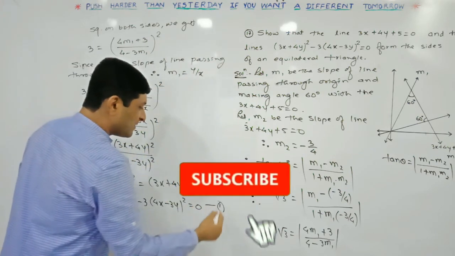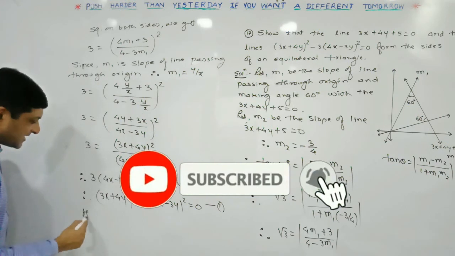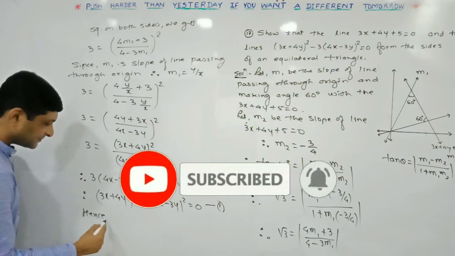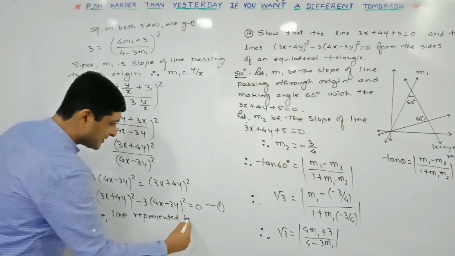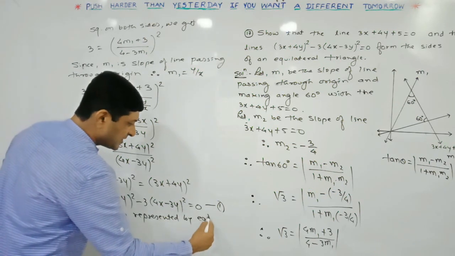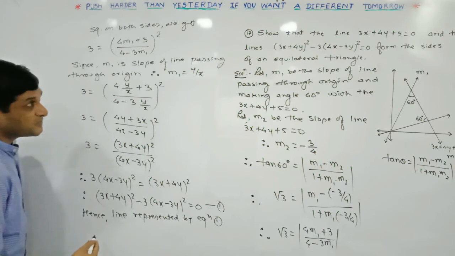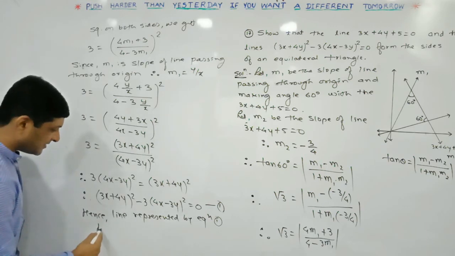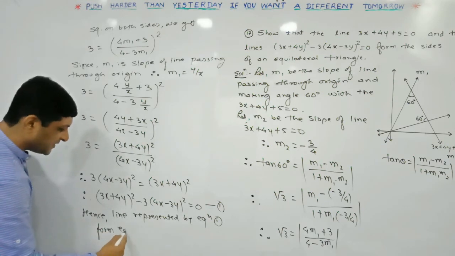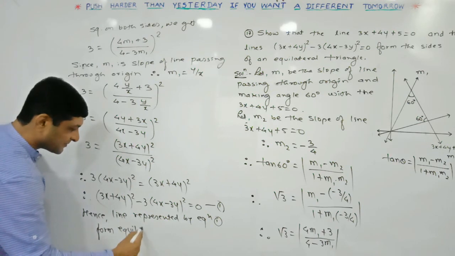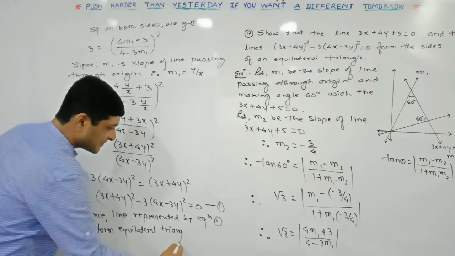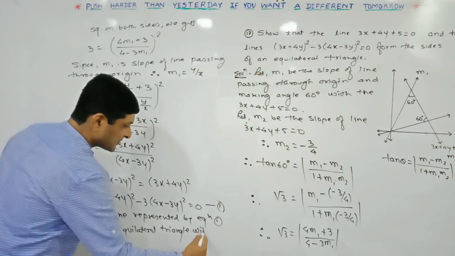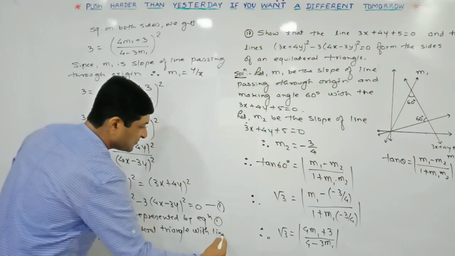So let us denote it by equation number first, and we can say that hence the lines represented by equation first form which triangle? Equilateral triangle with which line?